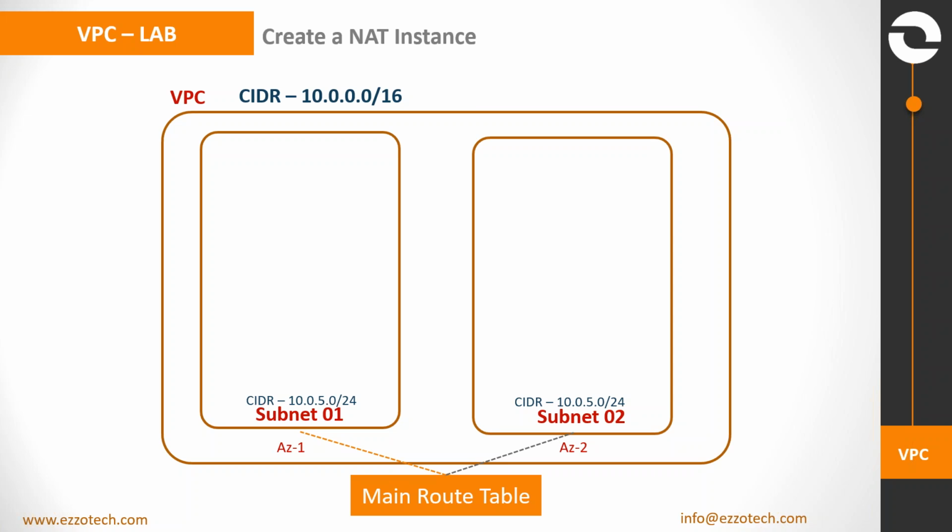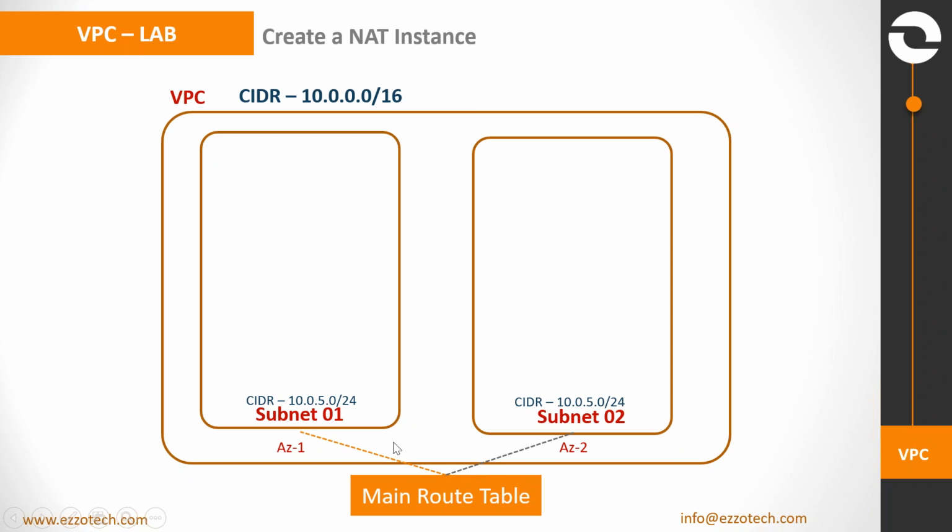Now let's say that I want to make subnet 2 public, and I don't want to create a custom route table. So I will add one entry in the main route table saying that please allow the traffic coming from the internet through the internet gateway. If I add that route in the main route table, then both the subnets will become public because both are connected to it by default.